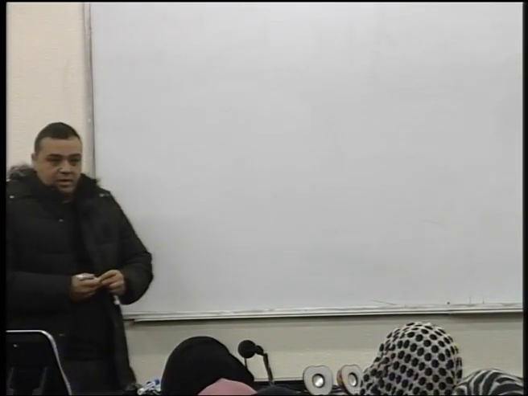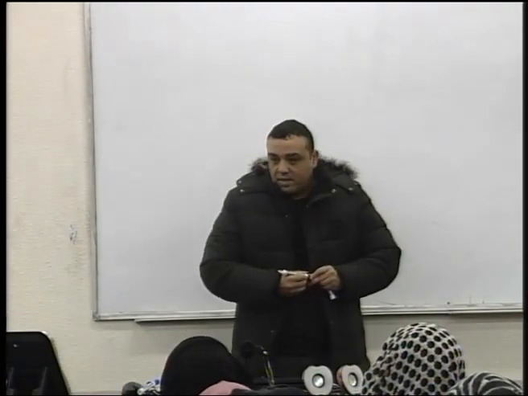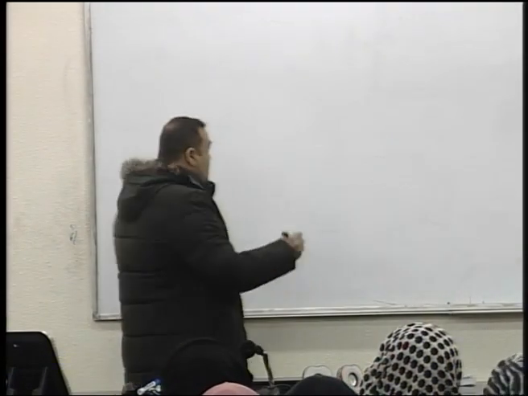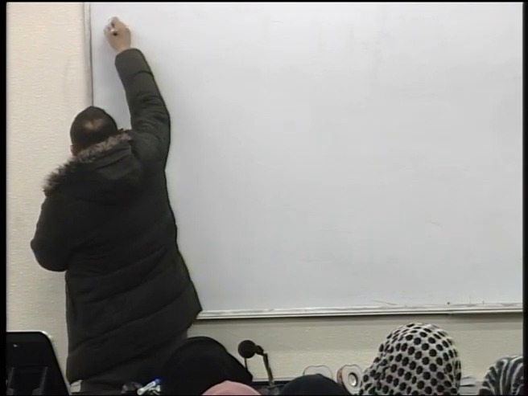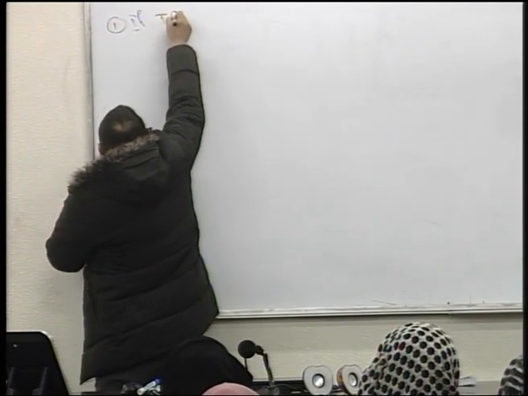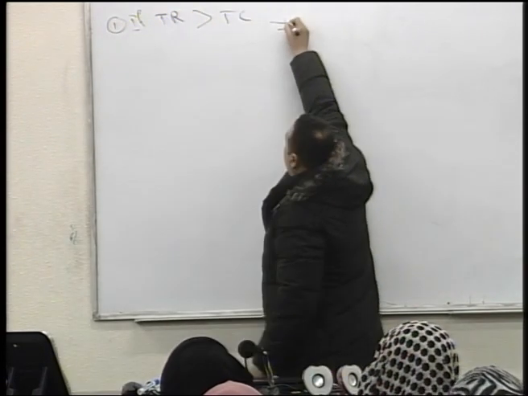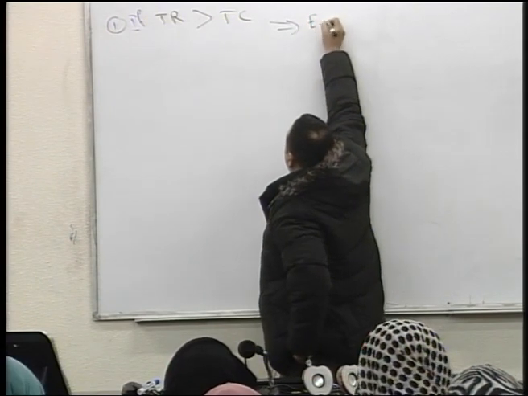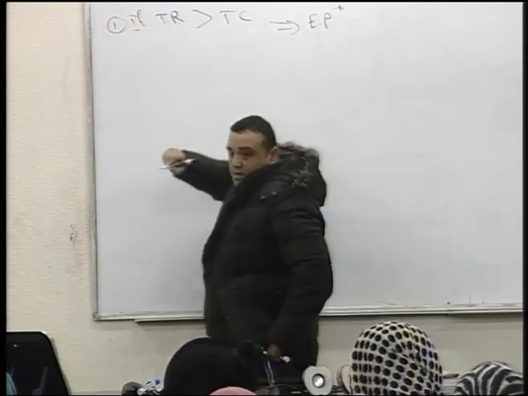As we mentioned before, the break-even point is determined when total revenue equals total cost, right? And we said that, number one, if total revenue is bigger than total cost, we have economic profit, and it is positive.